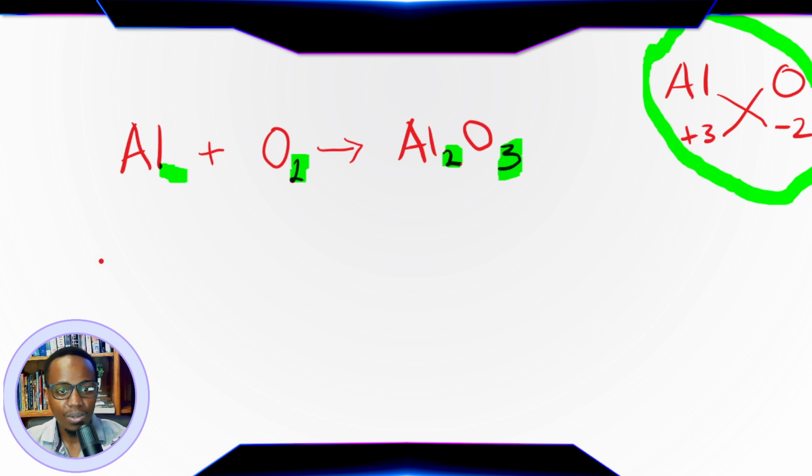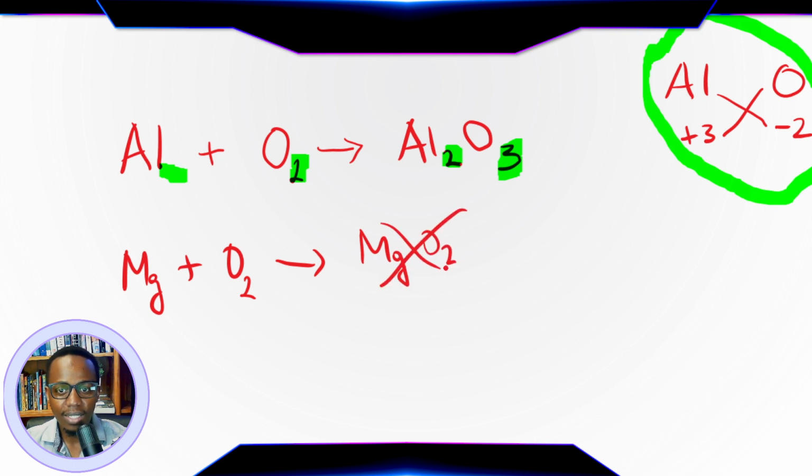It's very important that everybody gets this, because a lot of people get tricked into, like, I say, oh, what about magnesium and oxygen? And then people, because oxygen is O2, they're like, oh, it's going to be MgO2. No, it is not, because that's not how magnesium reacts with oxygen, right? Before you write down the answer, remember, you have to do the cross rule.